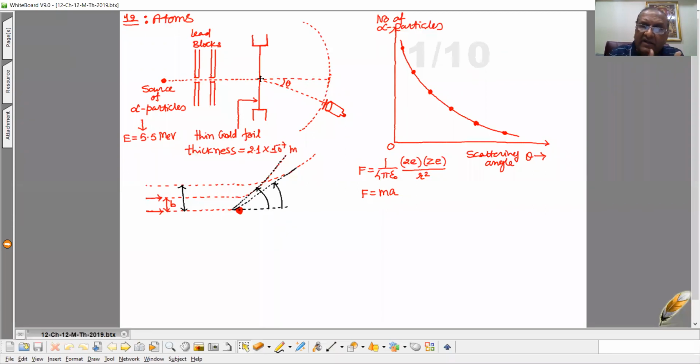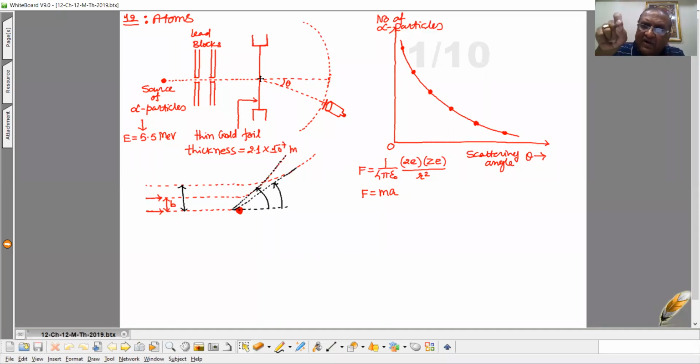And when helium possesses 2e unit positive charge and experiences a large repulsive force, it implies that it is not able to penetrate the atom during this head-on collision, meaning almost the entire mass of the atom is concentrated in a small tiny region at the center of the atom.